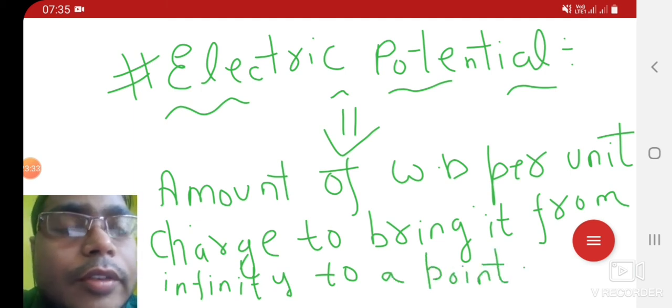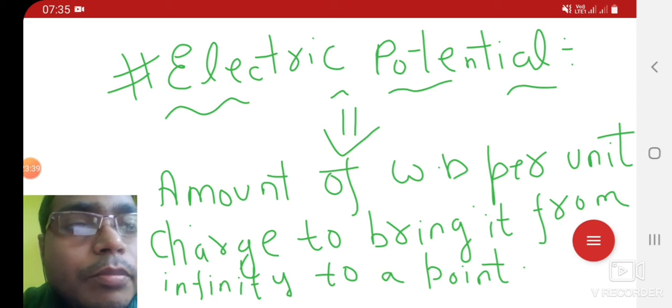So what is the electric potential? It is the amount of work done per unit charge to bring it from infinity to a point.